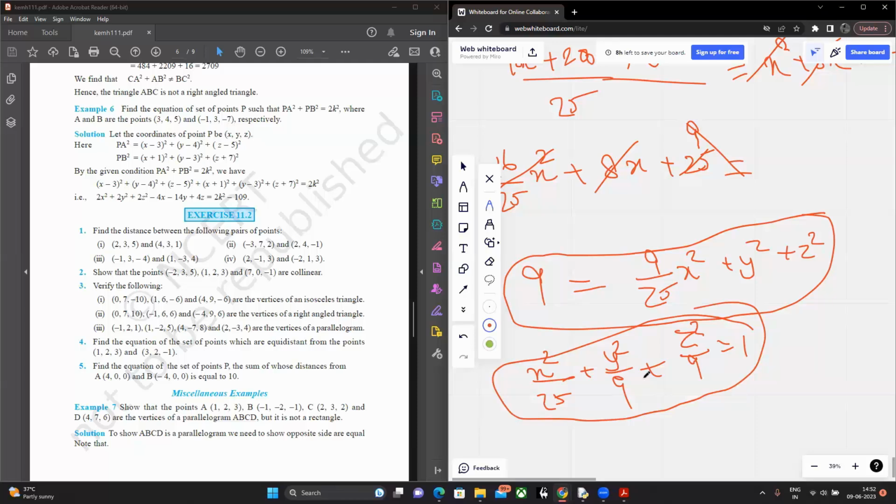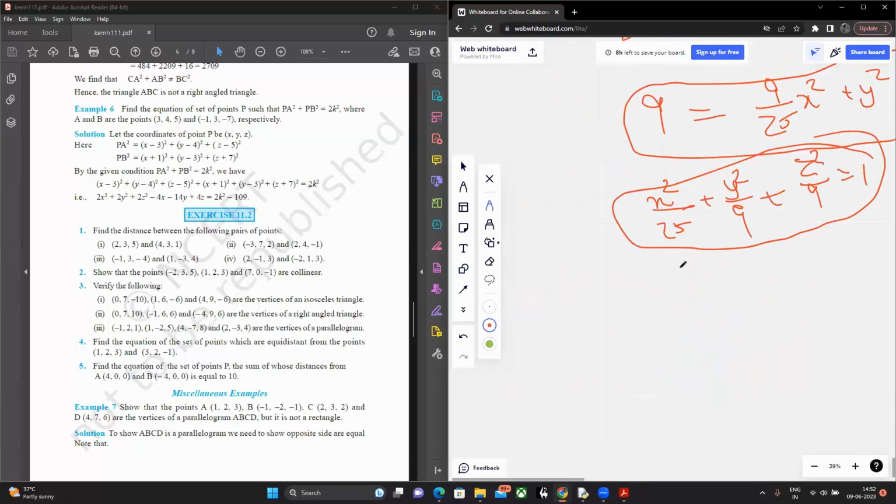You're going to get that this basically determines an ellipse or something of the sort, right? In the two-dimensional space, this is going to represent an ellipse. It is not a circle, but it's an ellipse.